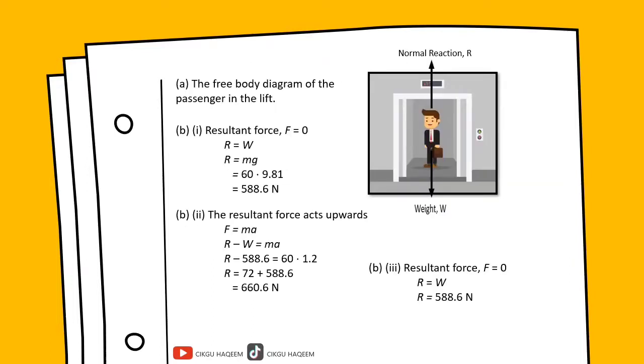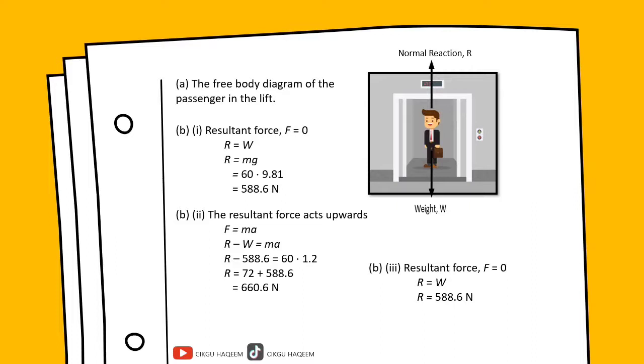So we go to the first question. Sketch the free body diagram for the two forces. Here the normal reaction is facing upward while the weight is facing downward, following the gravitational acceleration.